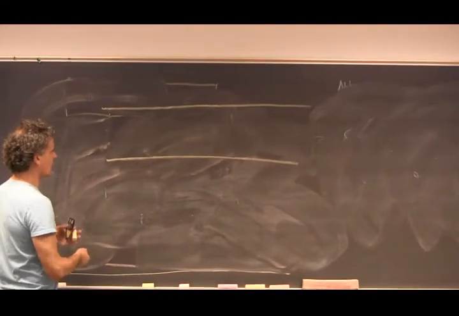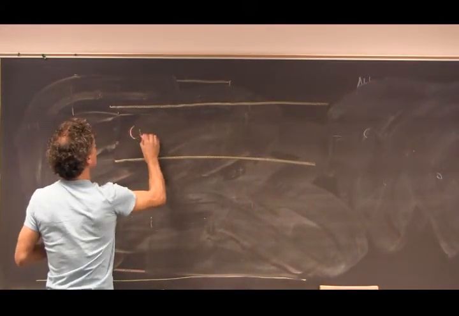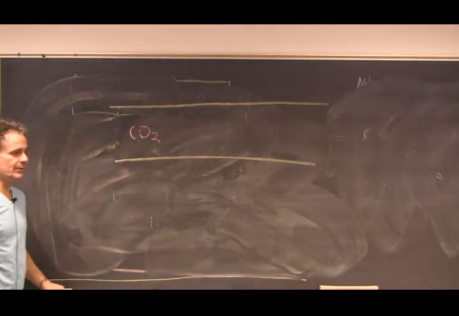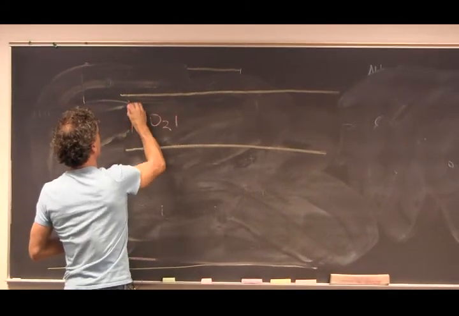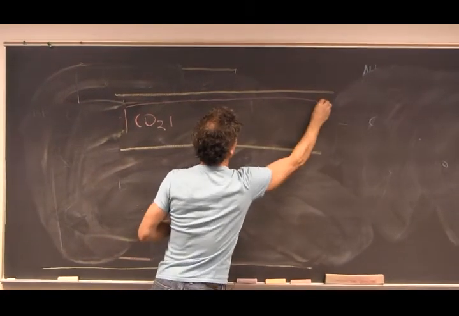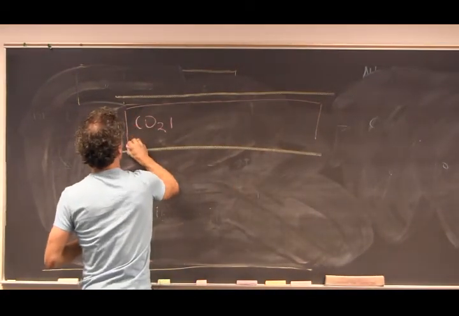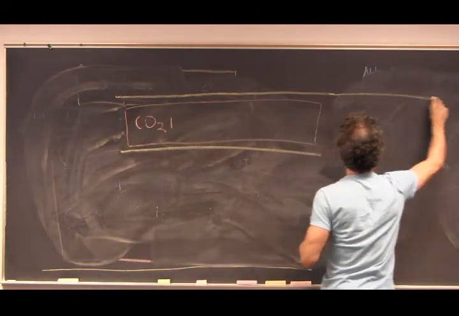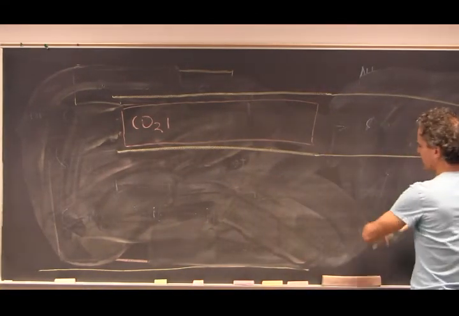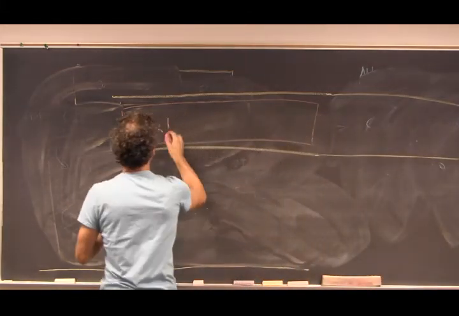And under normal conditions, we have CO2 in solution. We have the red cell, so this represents the red cell in this capillary. And again, the outside of the capillary is brain extracellular fluid.